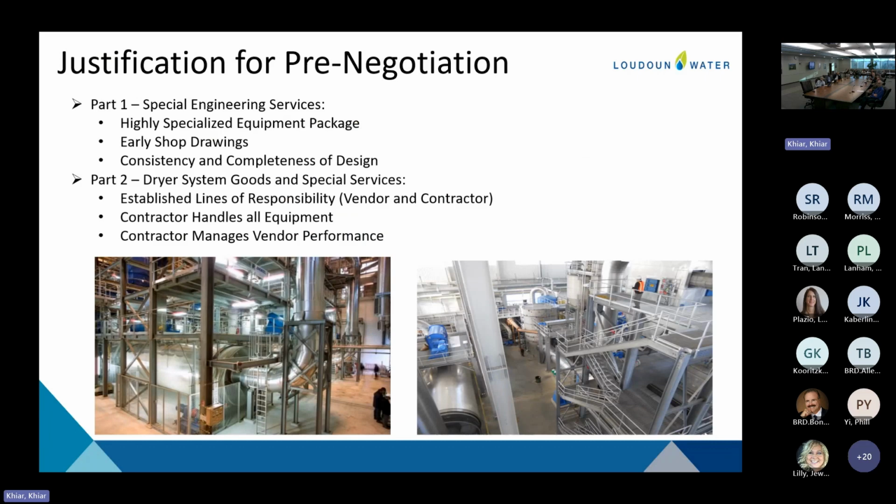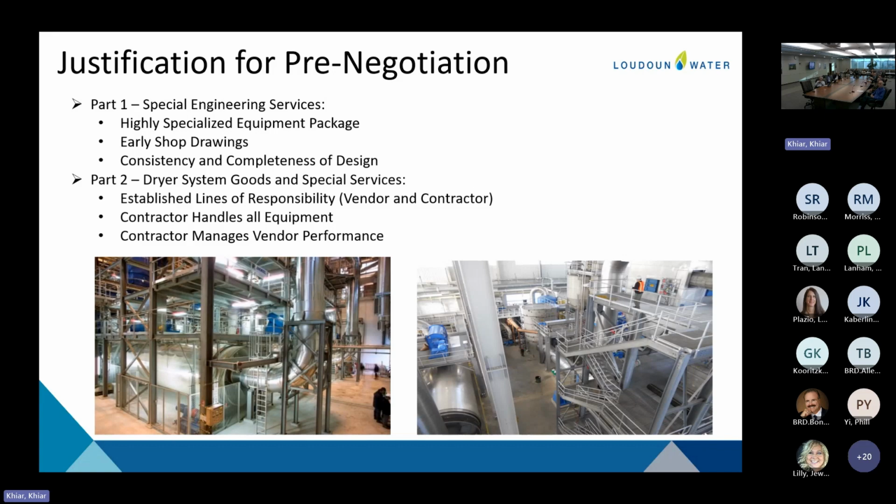All right, so the justification for pre-negotiation. We've got our 2 parts here, and part 1 is the special engineering services. This dryer system is a specialized equipment package. What we'll do is get early shop drawings from the vendor, and it'll result in a consistent and complete vendor design.